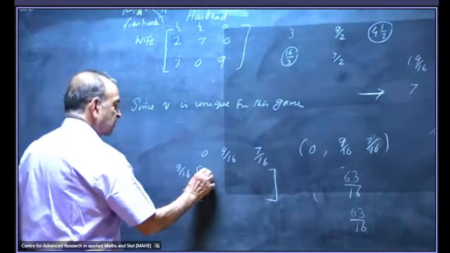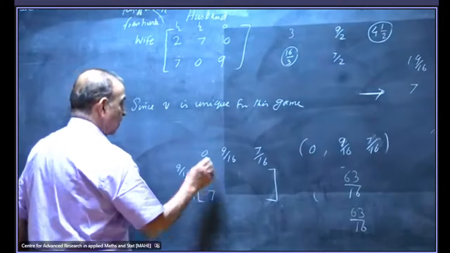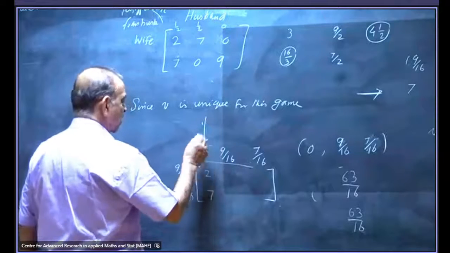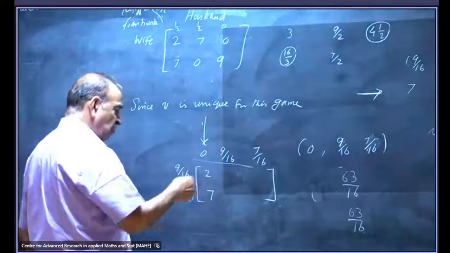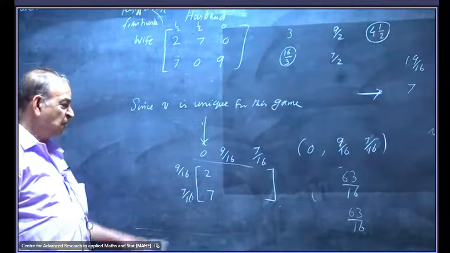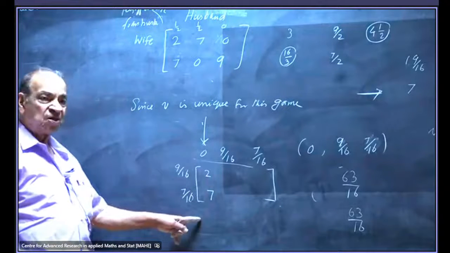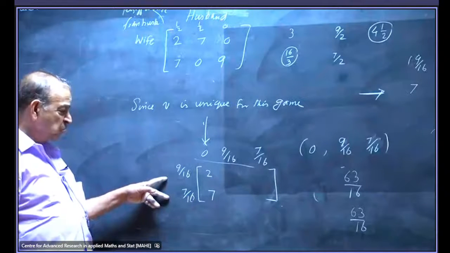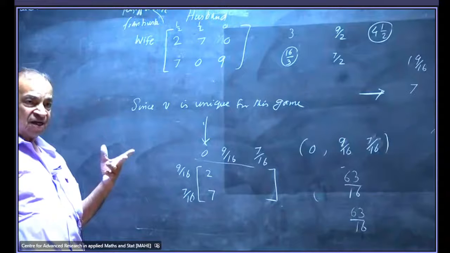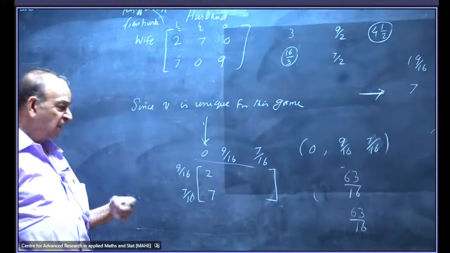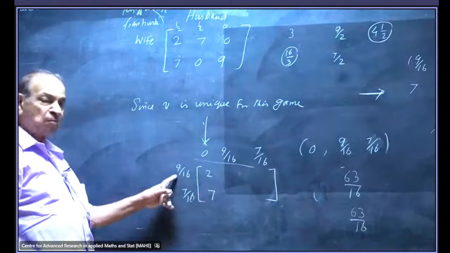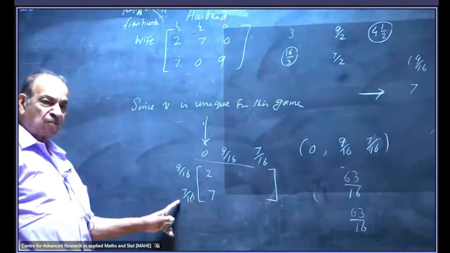Now let us look at this. Suppose instead of choosing this, suppose husband always chooses the first column. If the wife chooses row 1 and row 2 with this probability, what is the wife's expectation? She will receive 2 with this probability, 7 with this probability.